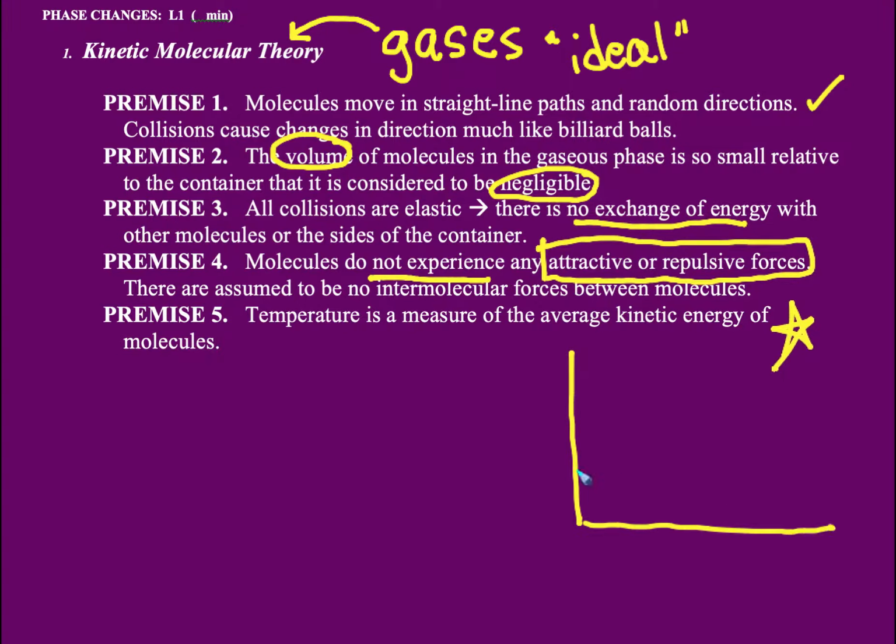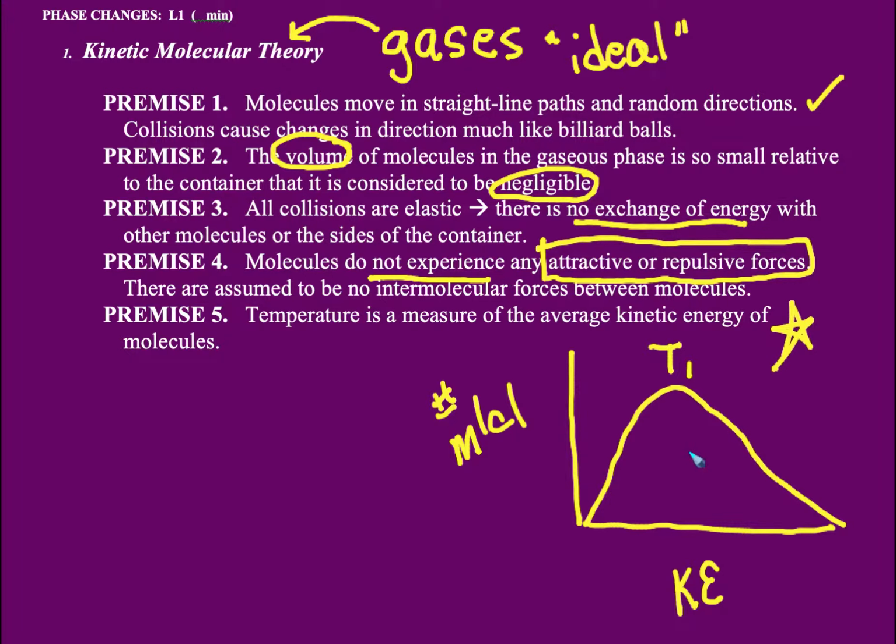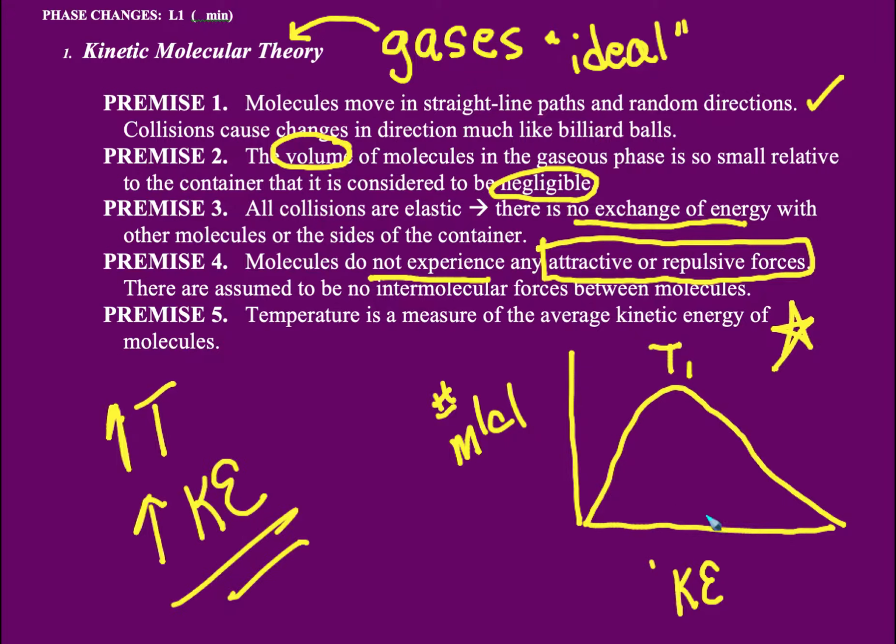So if you have the number of molecules and their kinetic energy, you would have what's called a Maxwell-Boltzmann distribution, and the temperature would be a measure of that weighted average of kinetic energy. If you are measuring an increase in temperature, that means on average the molecules are moving at a higher kinetic energy.